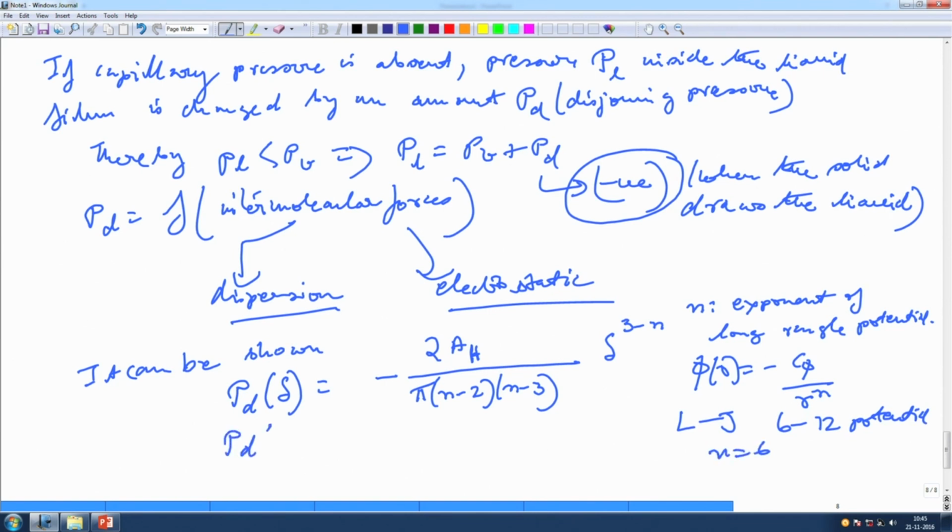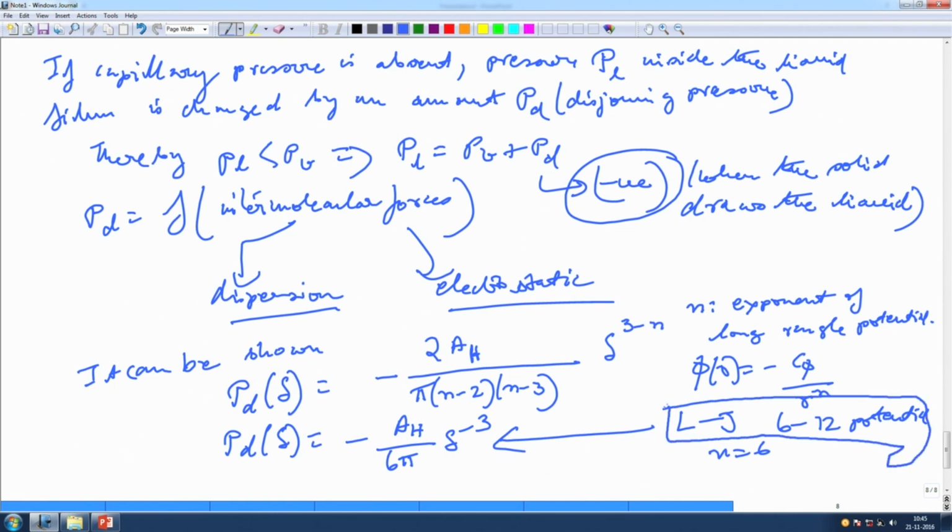So, PD of delta is given by AH over 6 pi delta to the power minus 3. This is what you get when you use the Lennard-Jones potential. Lennard-Jones is a 6-12 potential, very common in statistical mechanics.